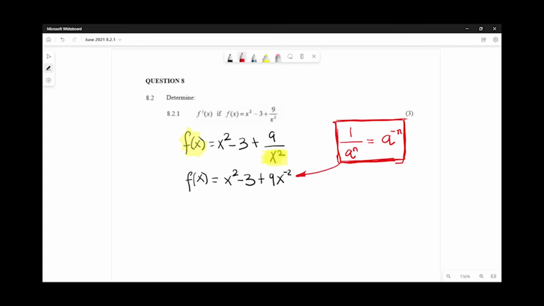Now that everything is ready, we say f prime x equals, what do we do? The exponent multiplies with the 1 here.